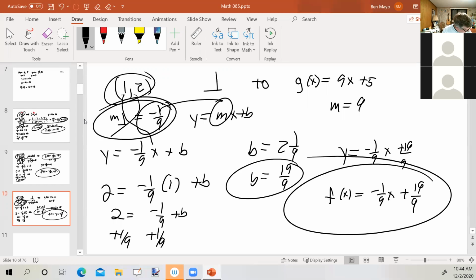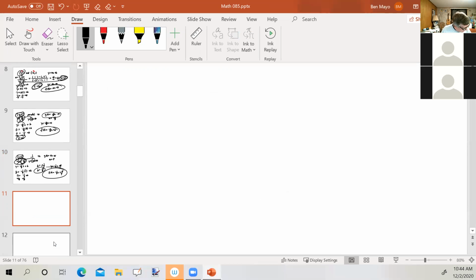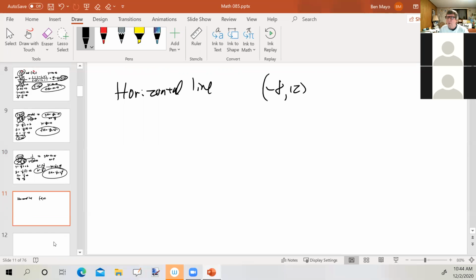And finally, we want the equation of a horizontal line passing through the point (-8, 12). We'll recall the equation of a vertical line is x equals some constant.